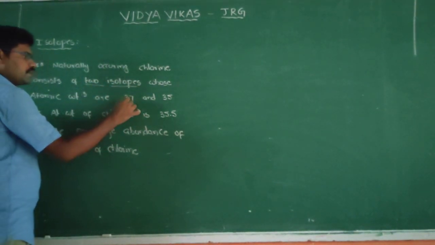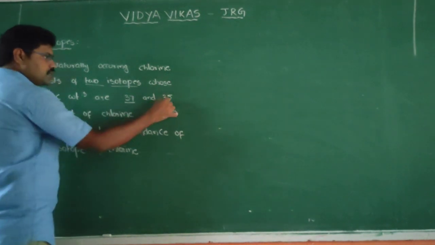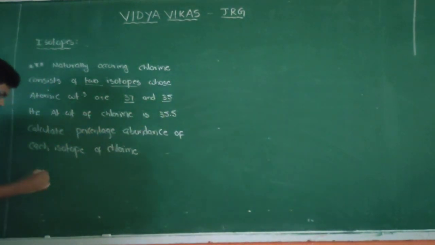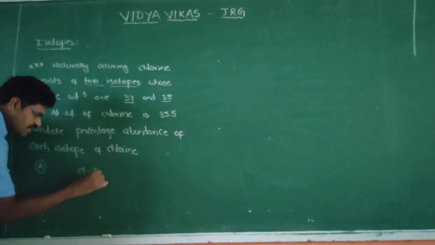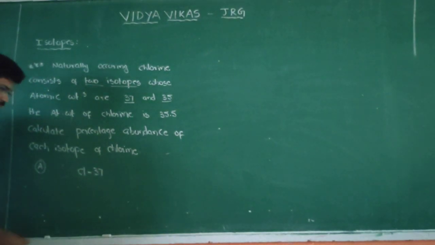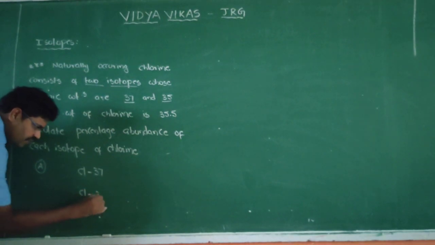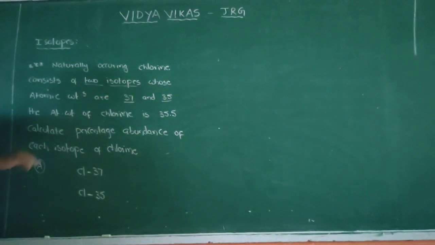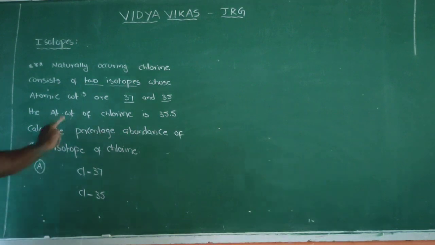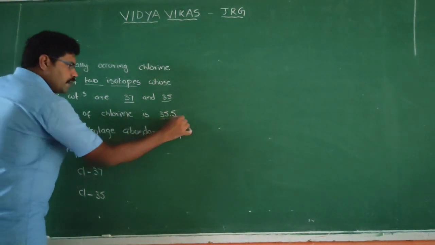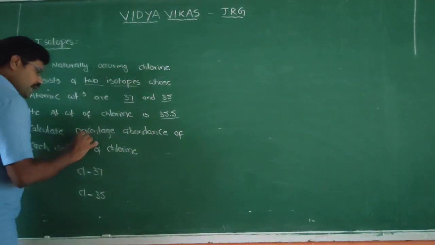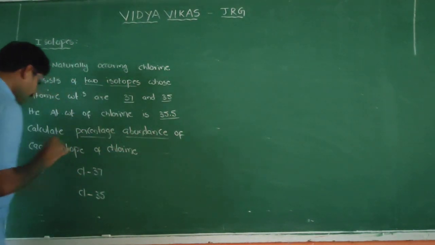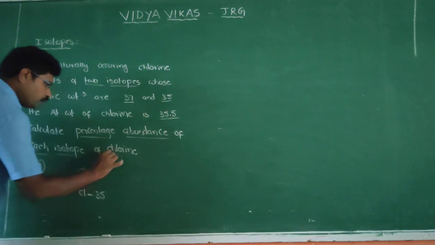One has mass number 37, another has mass number 35. Now let me write what is going on here. Chlorine 37 is one isotope, and chlorine 35 is another isotope. The average atomic mass is already given as 35.5. We are to calculate the percentage abundance of each isotope of chlorine.